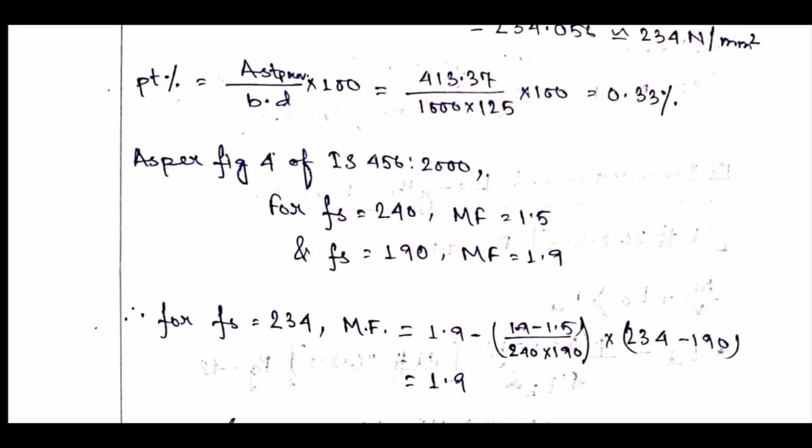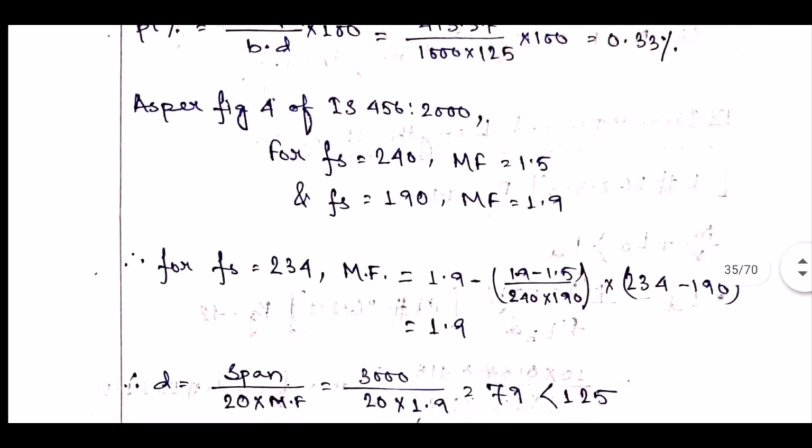Therefore, for Fs 234 the modification factor is equal to 1.9 minus, within bracket, (1.9 minus 1.5) by (240 minus 190) into (234 minus 190), that is equal to 1.9. So the modification factor is 1.9.